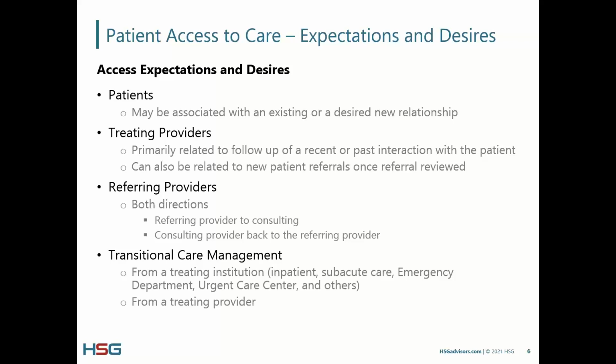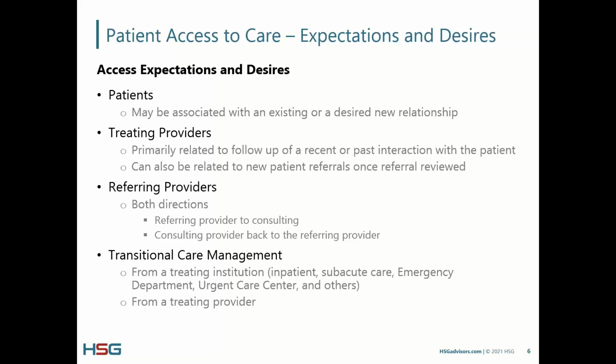And then a final area to touch on at this time is from a treating institution for transitional care management, whether that's an inpatient stay, a subacute care stay, an emergency department interaction, or urgent care center interaction with required follow-up, and then other outside provider arrangements.